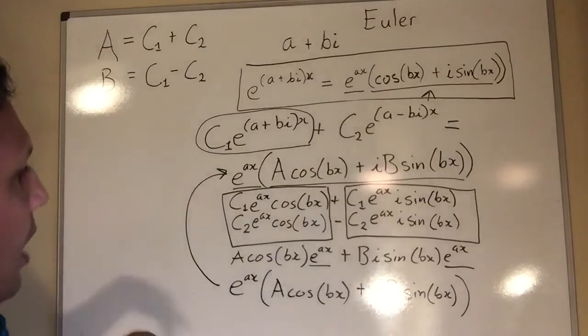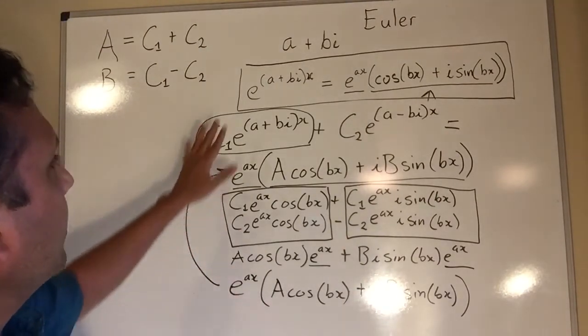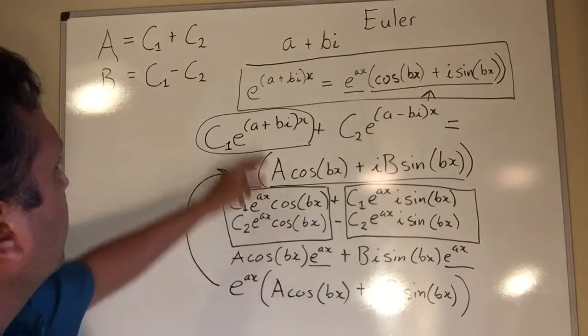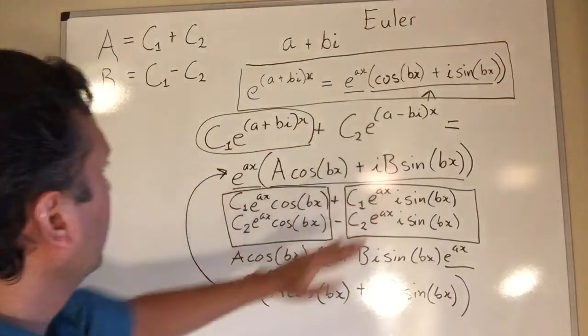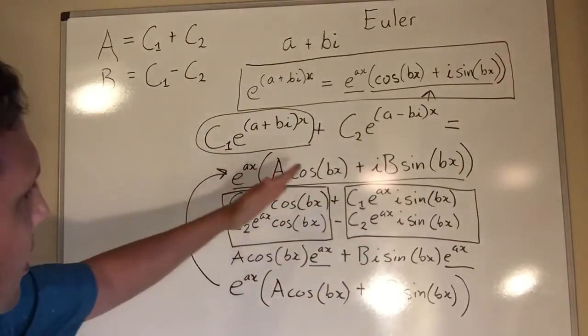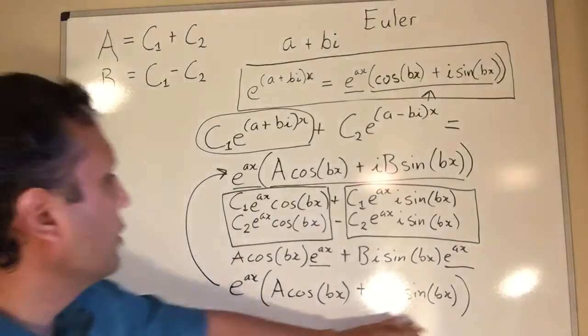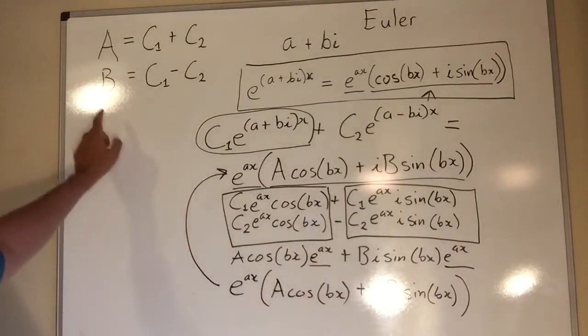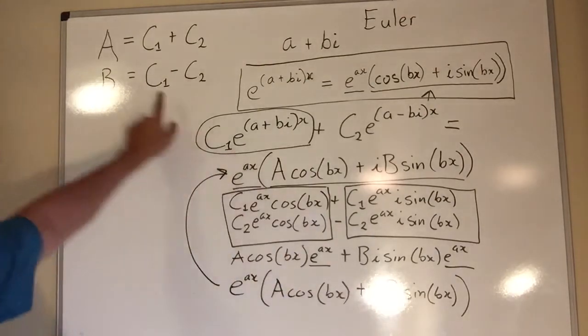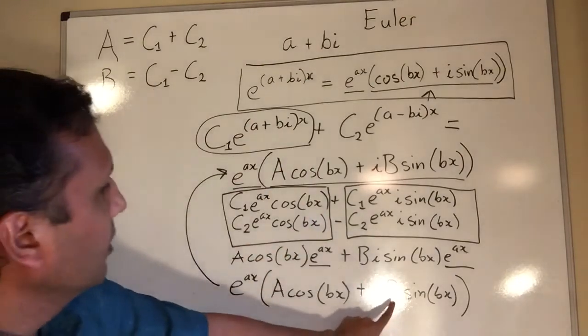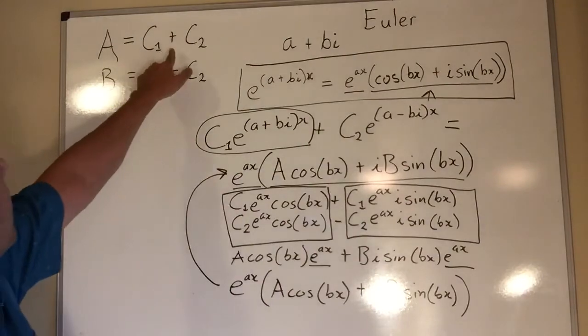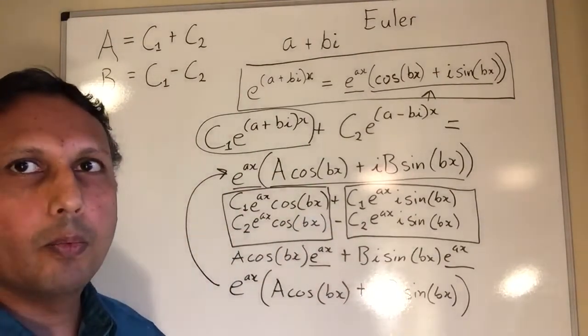And I went through the process to find out how I got from here to here. And I went through the steps and I found the result which matches up. So b is c1 minus c2 and a is c1 plus c2. It all works out.